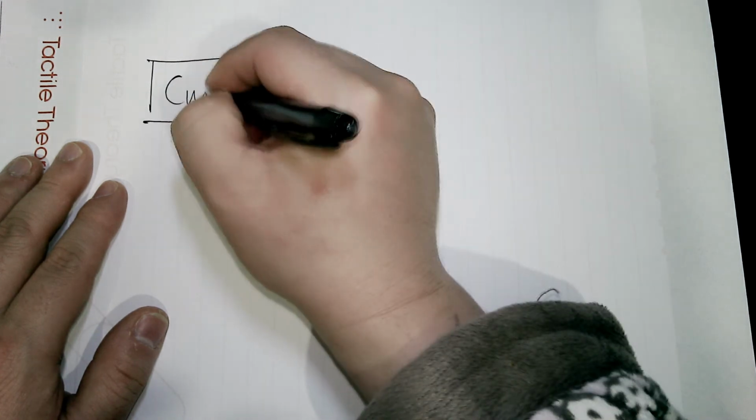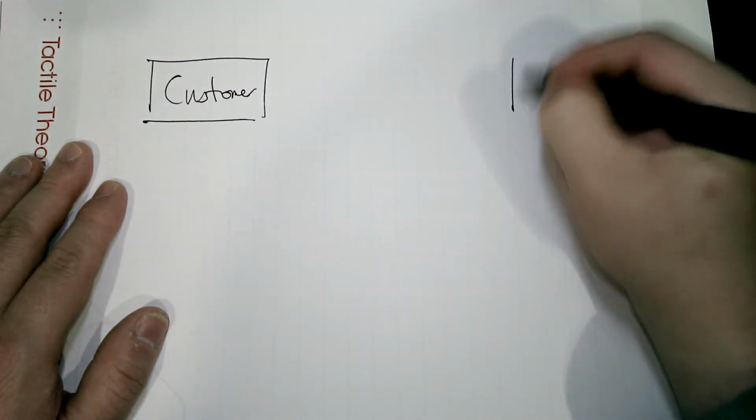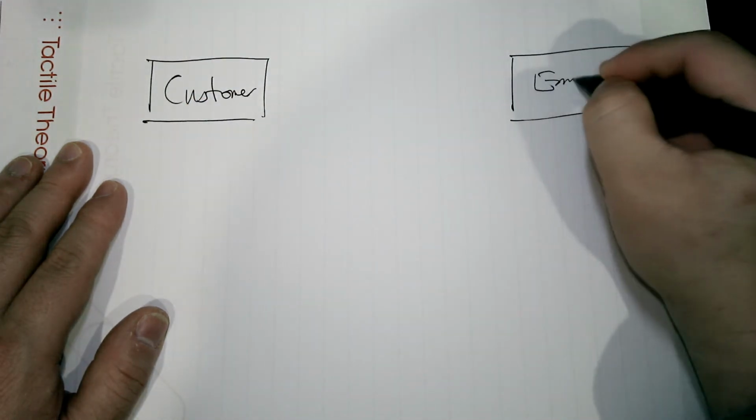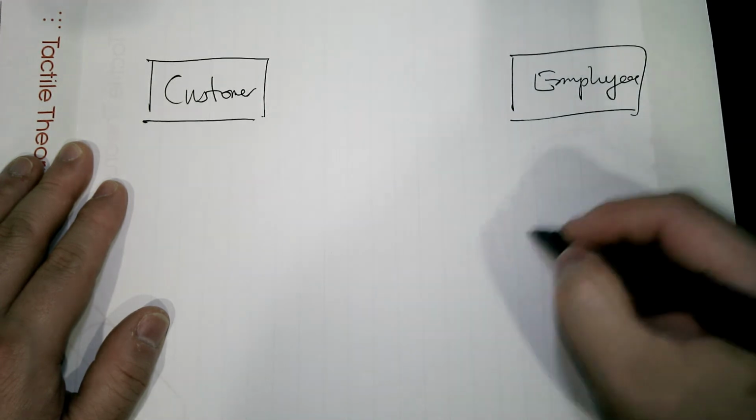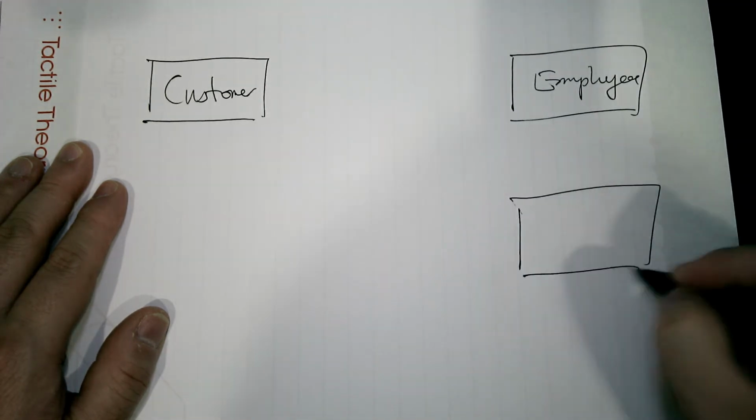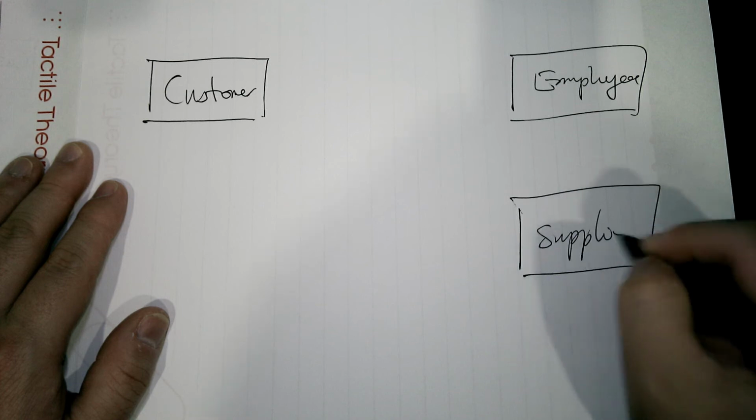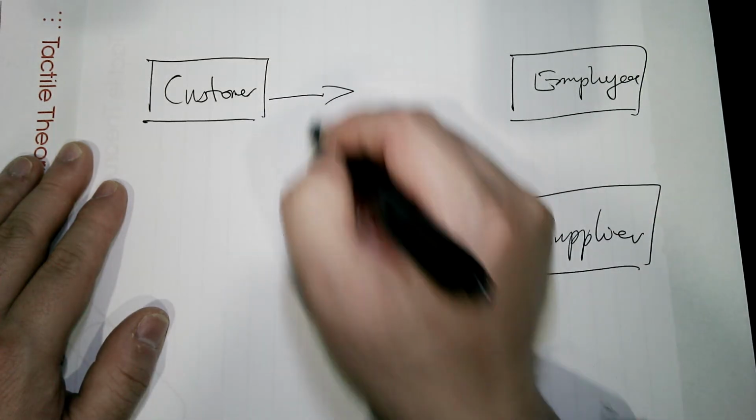I'll quickly do another one, a context diagram. So I have the customer, I have the employee, and I have the supplier, for example. What's going into the system?